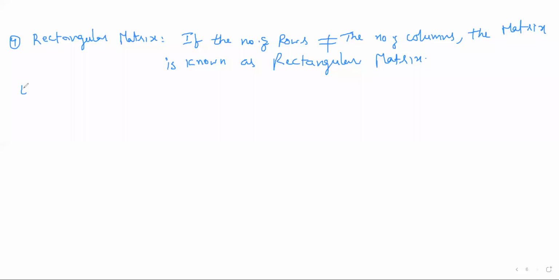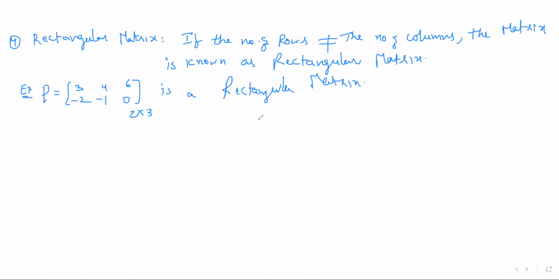For example, capital P is equal to 3, 4, 6, minus 2, minus 1, 0. How many rows are present here? 2. Number of columns? 3. It is a rectangular matrix like this.